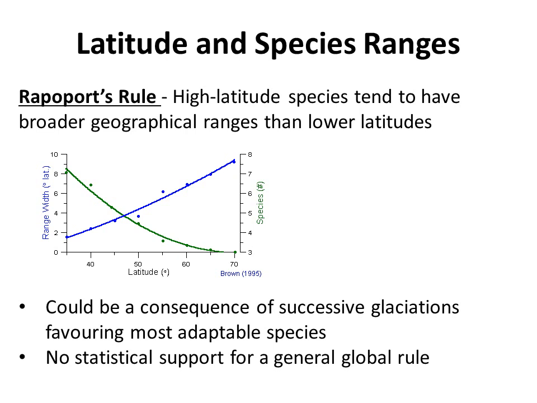And it has been suggested that this relationship could be the consequence of successive glaciations favoring more adaptable species. It could also be tied to dispersal ability. Species that were able to rapidly recolonize when the glaciers retreated were more successful.